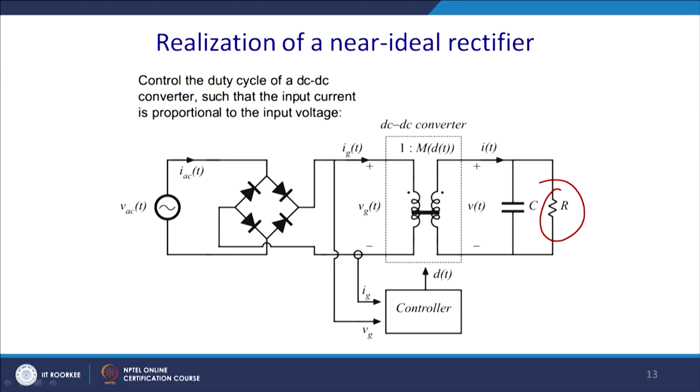Control the duty cycle of a DC to DC converter such that the input current is proportional to the input voltage. So, here essentially you can't do much, you have to have a rectification here, and it is simply diode based rectification, and thereafter you get a DC voltage.